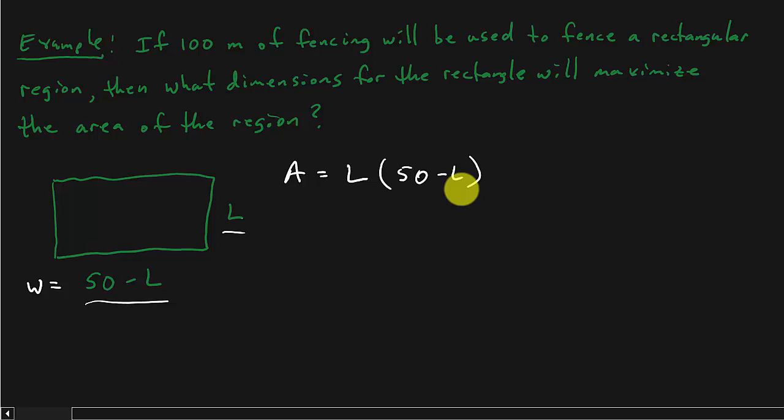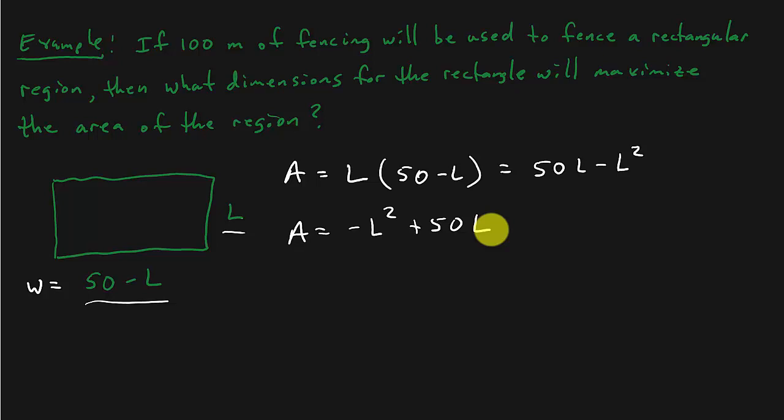You see that? And so that's going to be 50L minus L squared. So the area is negative L squared plus 50L. There's my quadratic. It's quadratic. And I want to know the dimensions that give me a maximum area.